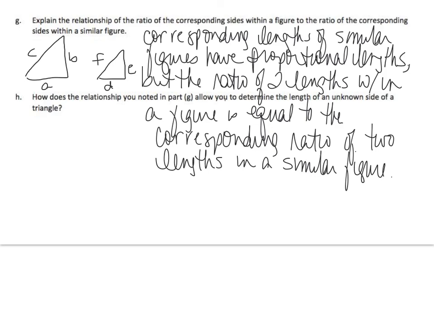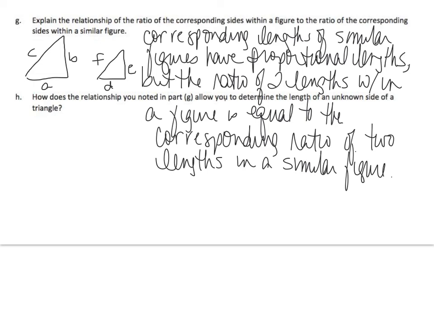Let's look at H. How does the relationship you noted in part G allow you to determine the length of an unknown side of a triangle? Well, when you know the relationship, you know the scale factor, you know the ratio, it allows you to find the length of the unknown side.